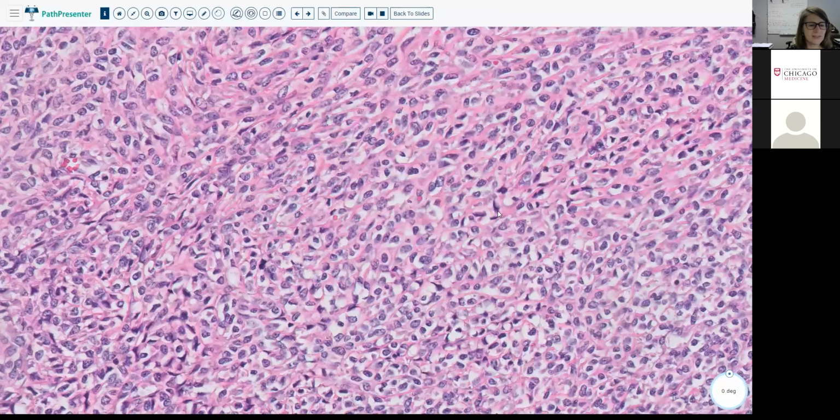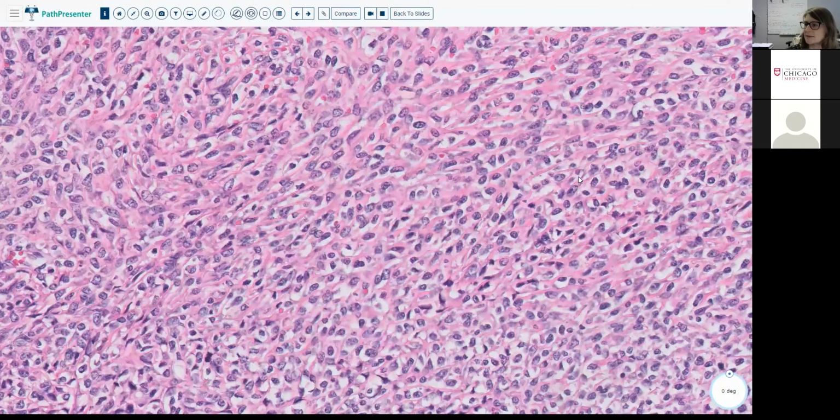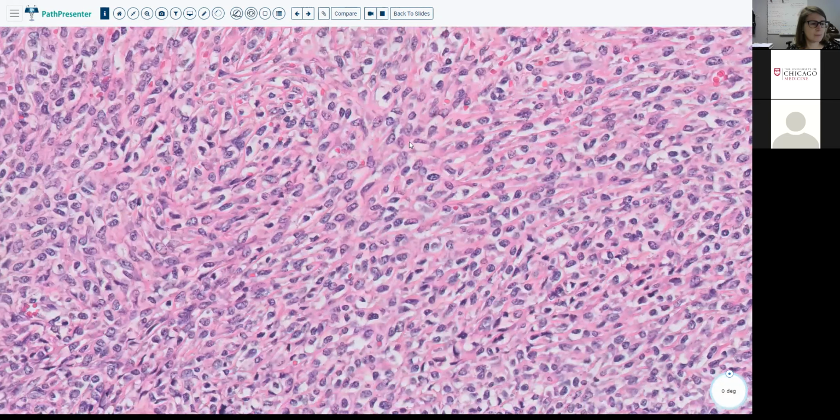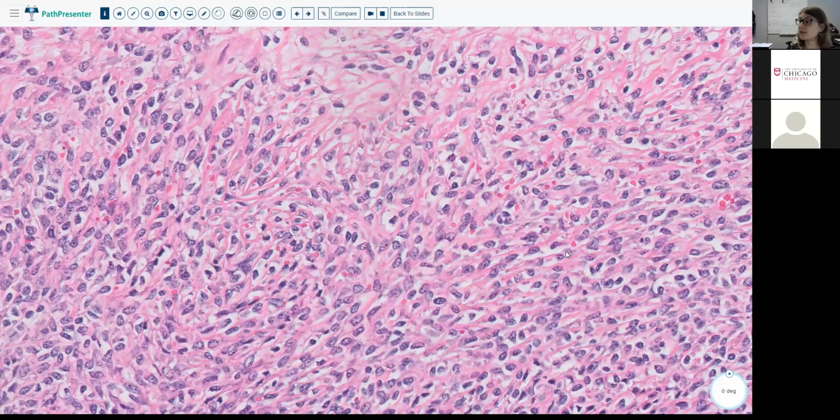So I will tell you that this thing is going to be EMA positive, and it's not a synovial sarcoma. TLE1 we've found to be less specific for synovial sarcoma, and it stains a lot of sarcomatoid carcinomas and other sarcomas indiscriminately. So be cautious in your interpretation of TLE1. But this does stain with EMA.